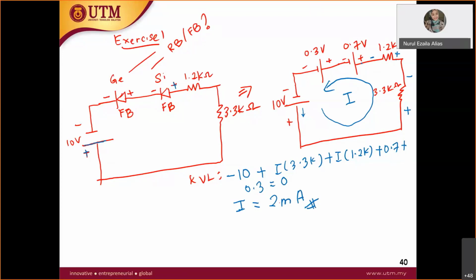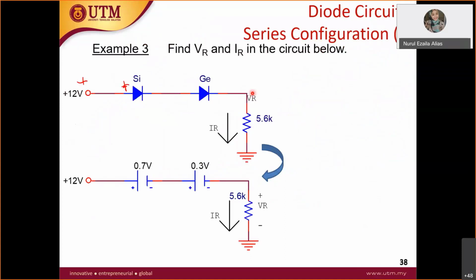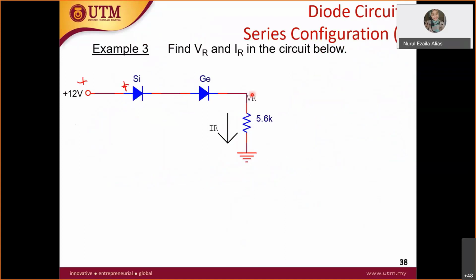Now your objective is to find this V01 here and V02 here. Let's take a look. Your V01, like I said just now, is from that particular node. This VR represents, if this VR node is here, from this node to the ground.